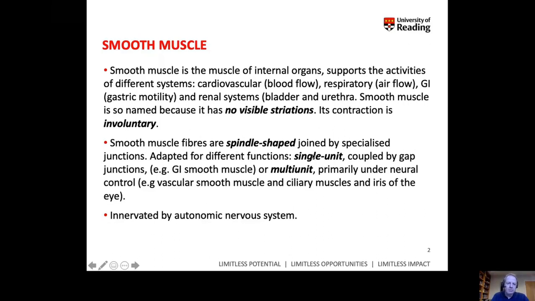Similarly, smooth muscles can be single unit, coupled by gap junctions, things like gastrointestinal smooth muscle, or multi-unit, primarily under neural control, but essentially you don't need a neural input in order to activate the system. Vascular smooth muscle and ciliary muscle and the iris of the eye are examples of multi-unit control, innervated by the autonomic nervous system, but essentially myogenic in nature.